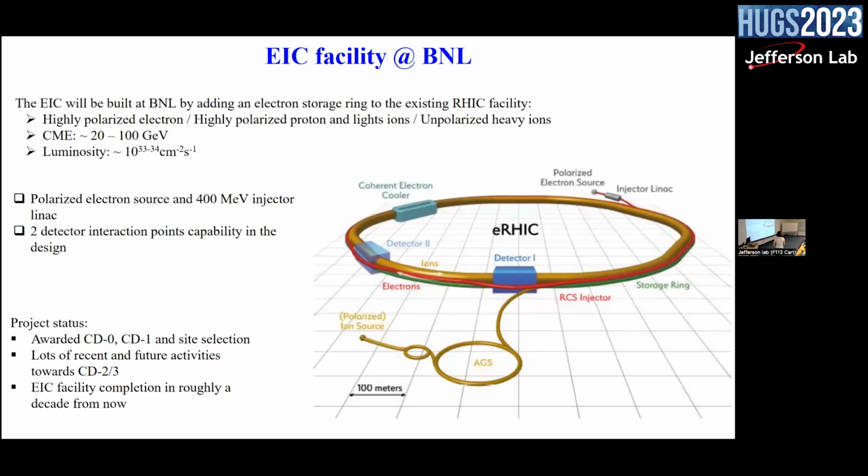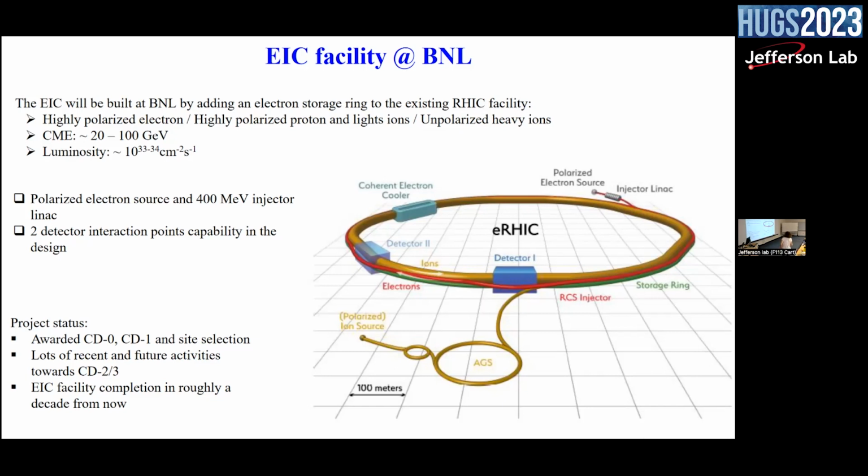So a few years ago, there was still a debate whether the EIC would be placed here at Jefferson Lab or at Brookhaven. And the final decision was made that the EIC will be at BNL. And basically, it will be reusing part of the existing accelerator that is RHIC, and there will be the addition of an electron storage ring.